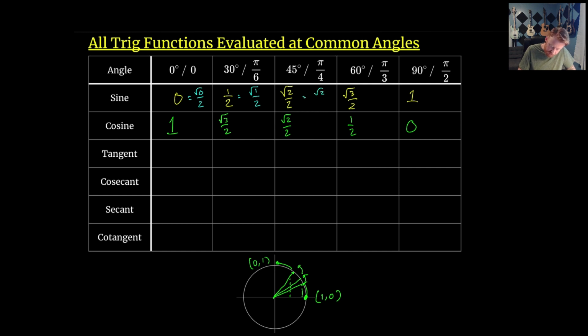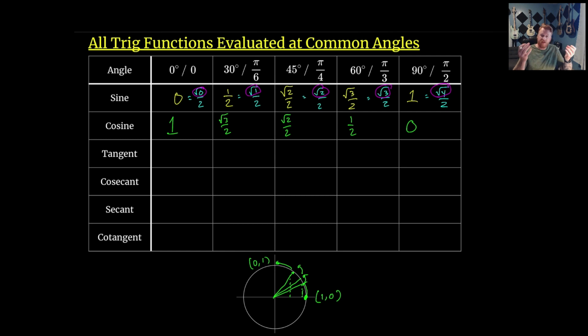Of course, the square root of 2 over 2 is just the square root of 2 over 2. And the square root of 3 is, of course, just the square root of 3 over 2. I keep forgetting to say the over 2 part, but it's the numerator that I'm focusing on. And then I could write 1 as the square root of 4 over 2. So you might notice, if you're just focusing on the numerators, we've got square root of 0, square root of 1, square root of 2, square root of 3, square root of 4.